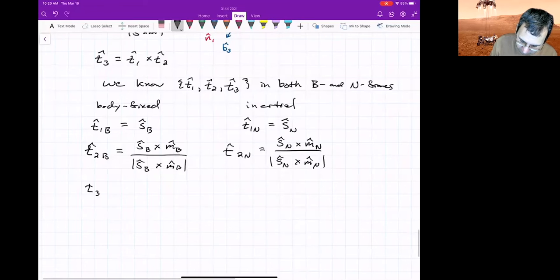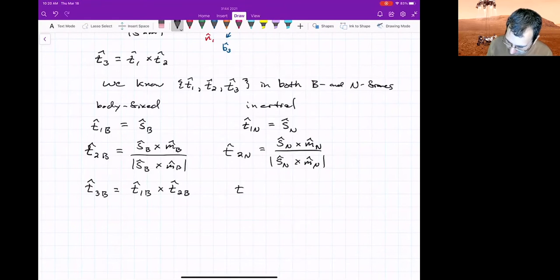And then T3 in the body fixed frame is just T1 in the body fixed frame cross T2 written in the body fixed frame. Same thing over here. This is T1N cross T2N, right? So we're making a right-handed triad of unit vectors.